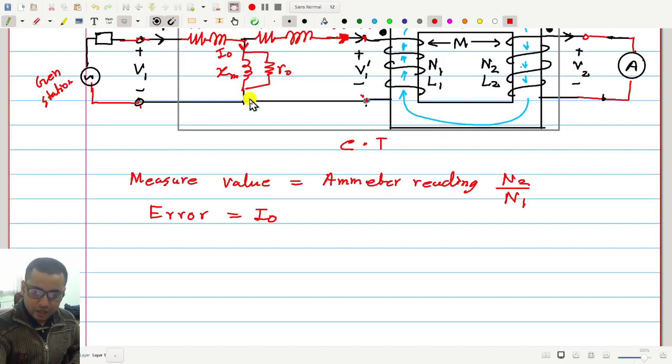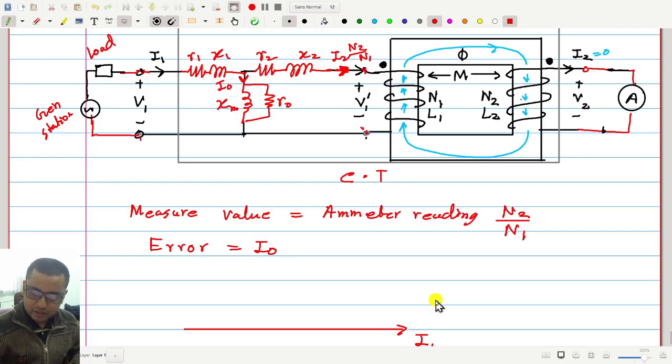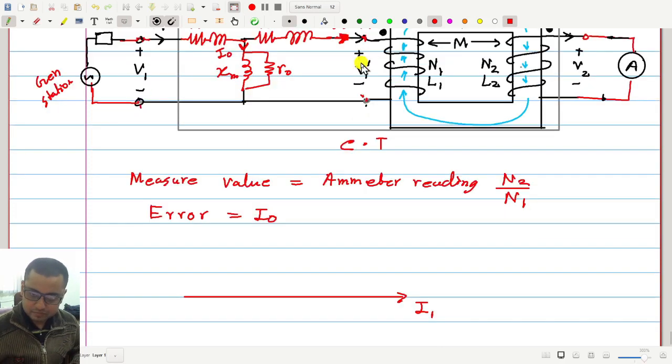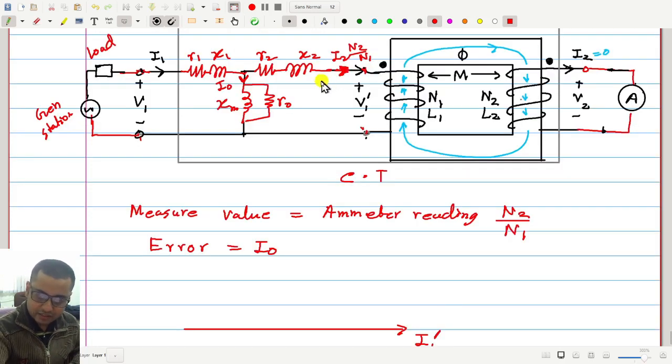For that we will again draw some phasor diagram. Now suppose this is I1. Call it I1 prime. This current, basically this current.